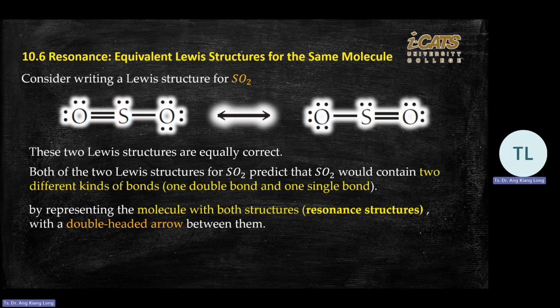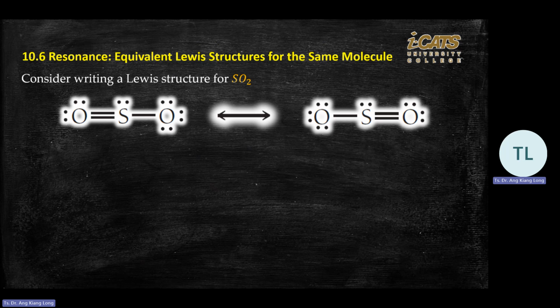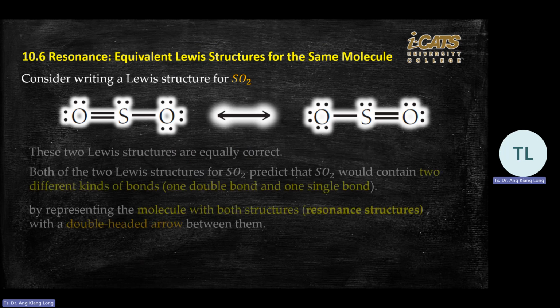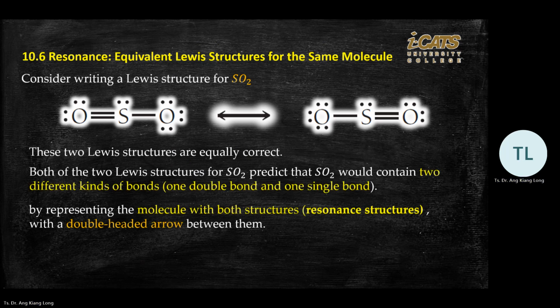So the presentation will be like what you see on the screen here. You put the first molecule, and then the second molecule on the right. Then in the middle, you write the double arrow. This represents resonance.